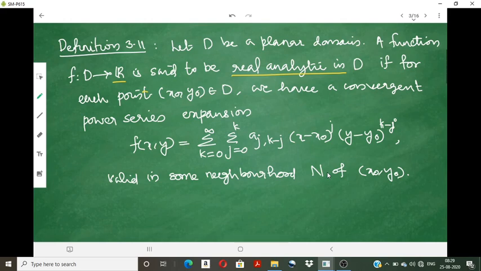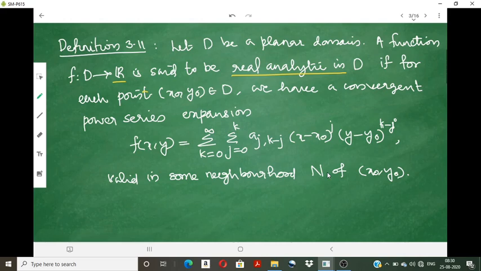So for each and every point in the domain D of the function f, it must have a convergent power series expansion in some neighborhood of that point. If such an expansion exists, then we can say that f from D to R is a real analytic function in the domain.